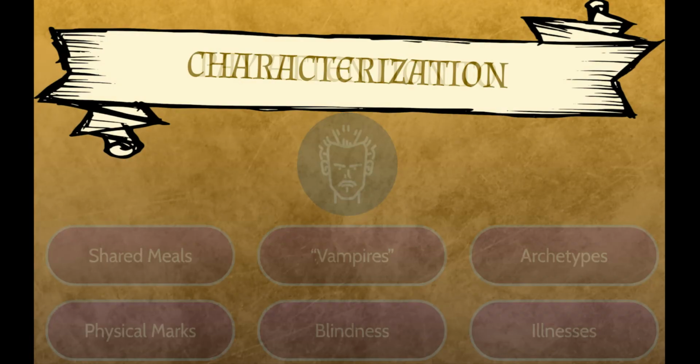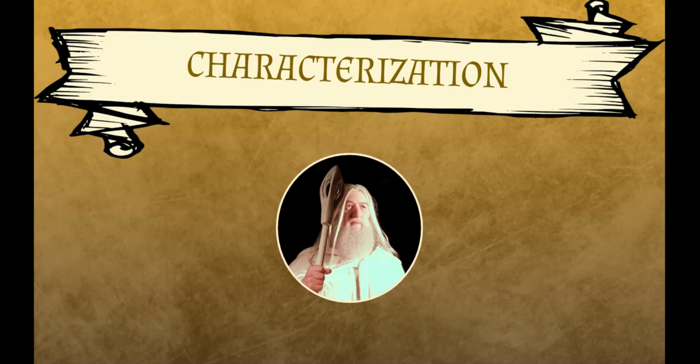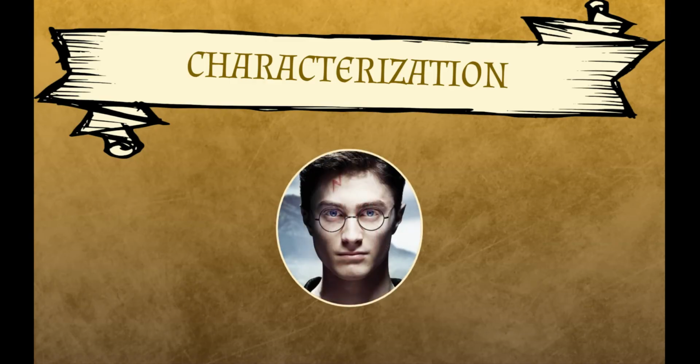So some examples with characterization. If I'm taking something like the Lord of the Rings, see Gandalf, he's a mentor character, so I expect him to be a wise character who's going to help the hero along the journey. And if he acts out of character, then I'm going to pay attention to that and notice that, and probably ask why. Somebody like Harry Potter, who has the scar, that singles him out.